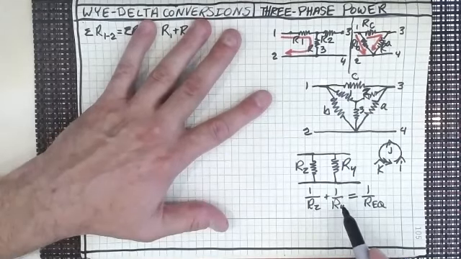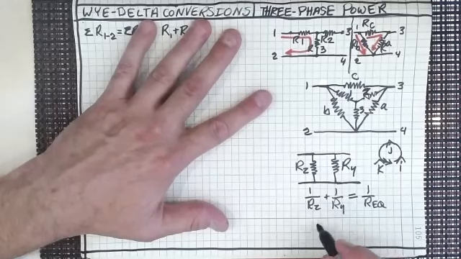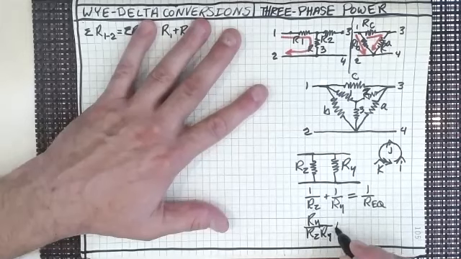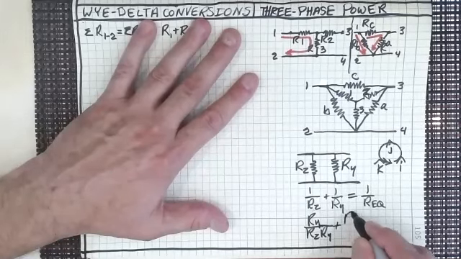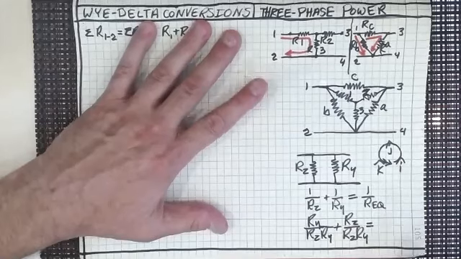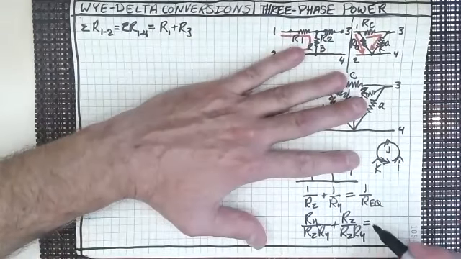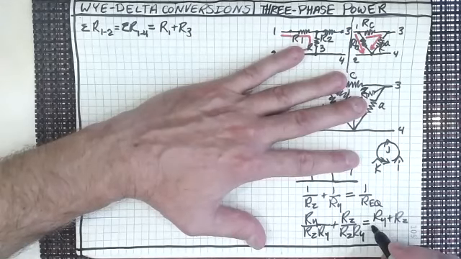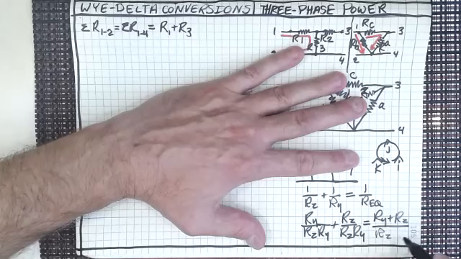But I can give them common denominators because I can say that this 1 over R sub z is really R sub y over R sub z times R sub y, plus, and I can do the same thing for this, R sub z over R sub z times R sub y. So I think everybody can see that this is R sub y plus R sub z over R sub z times R sub y, right?